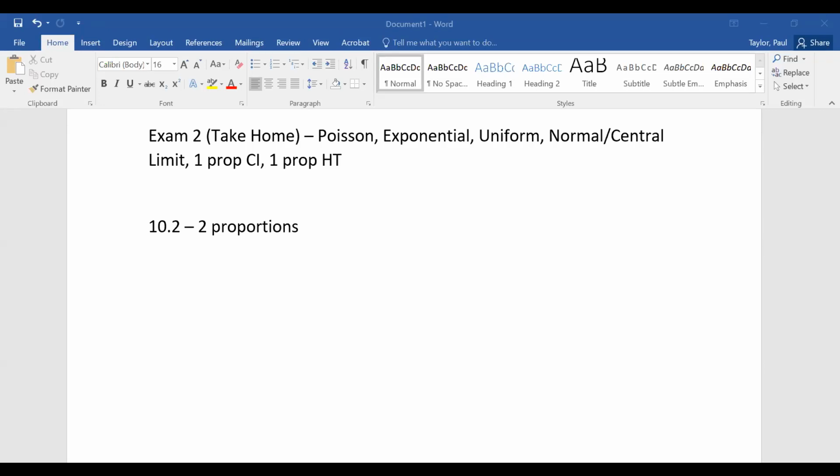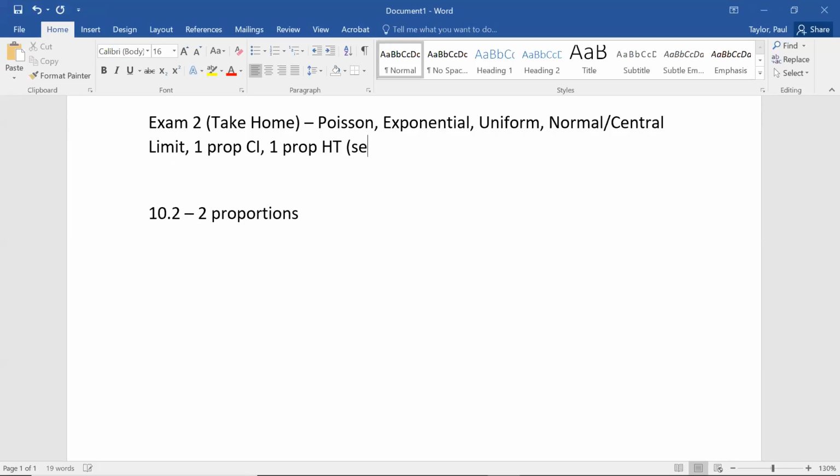So that's the timeline I'm planning. Send it out Thursday, April 9th, and have it due on Tuesday, April 14th. So that'll be my plan for the exam.